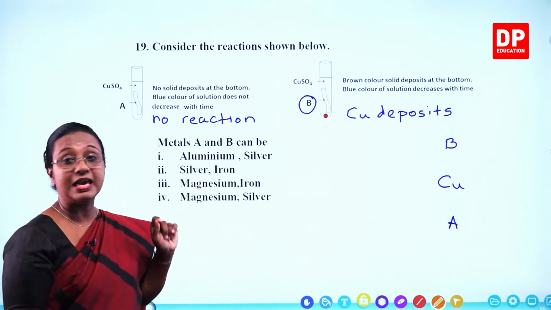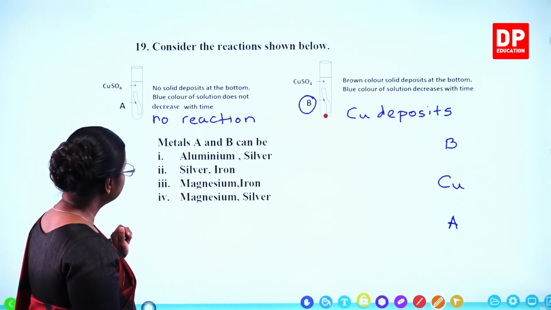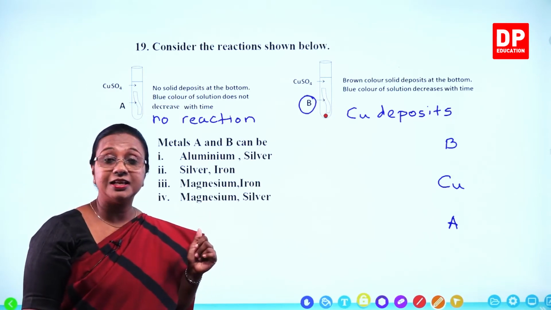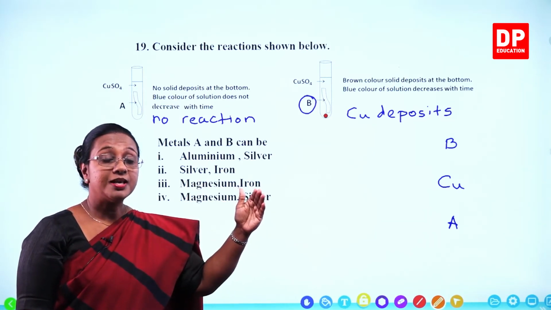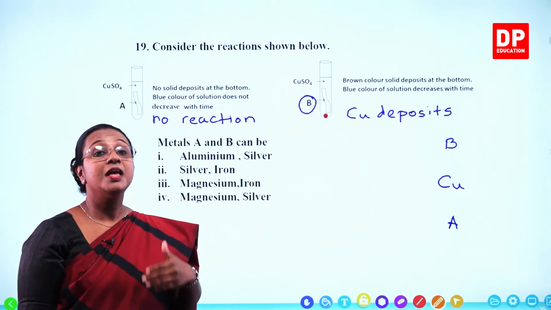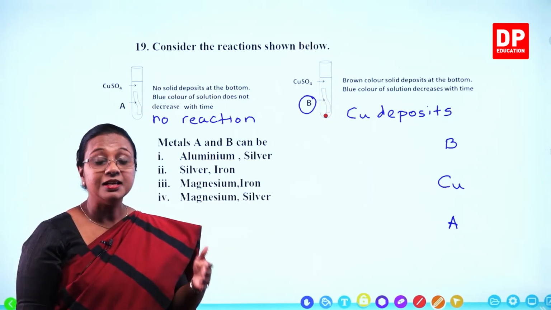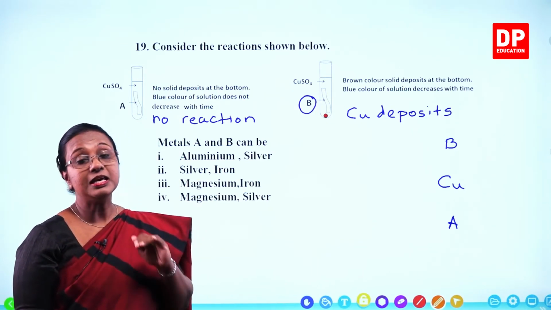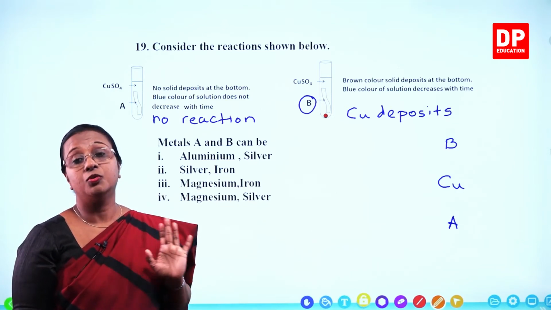Metals A and B can be. You can remember the activity series. We have been writing it again and again. So, potassium, sodium, calcium, magnesium, aluminium, zinc, iron, tin, lead, hydrogen, copper, mercury, silver, platinum, gold.